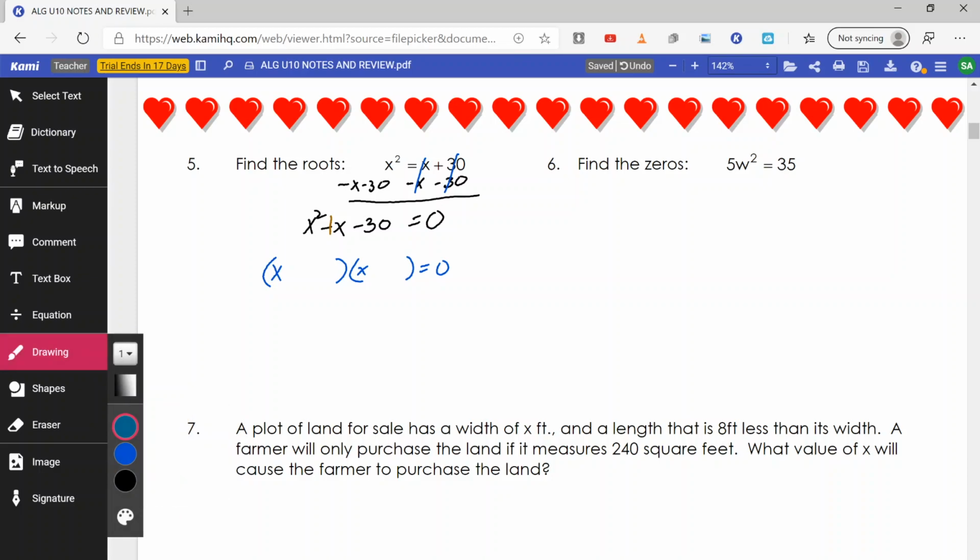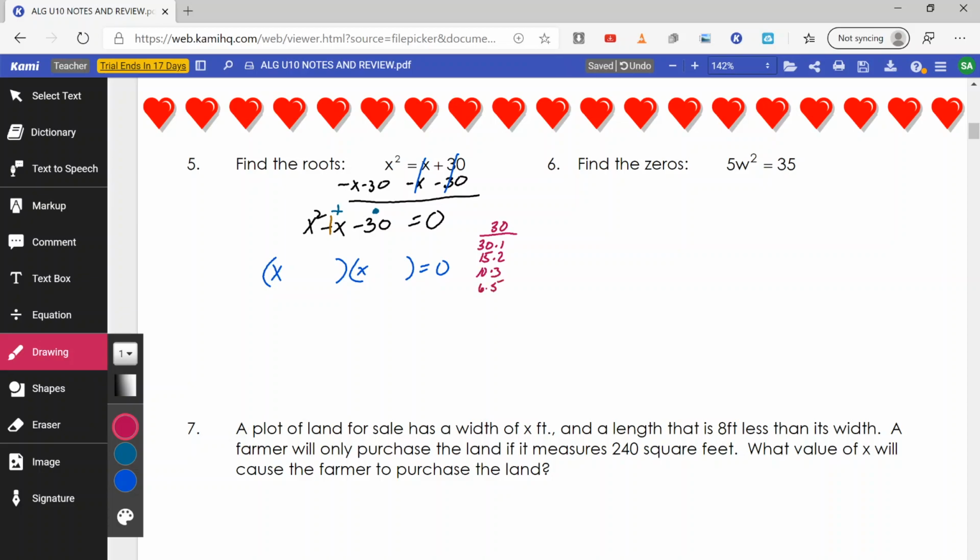What we have to do is come up with two numbers that multiply to negative 30 and add to negative 1. So just like before, it's much easier to list off items that multiply to the 30, which ends up being 30 and 1, 15 times 2, 10 times 3, 6 times 5.